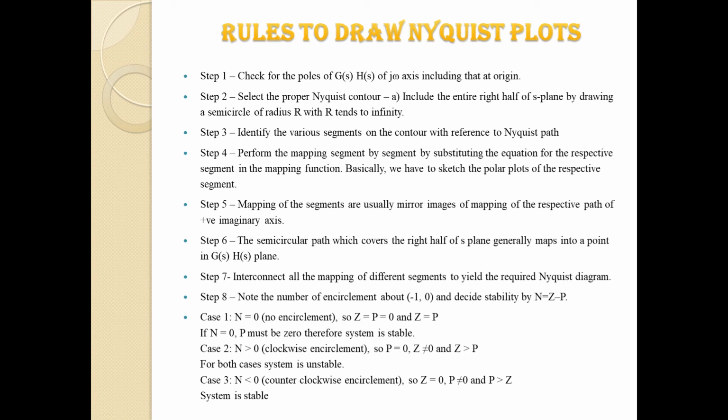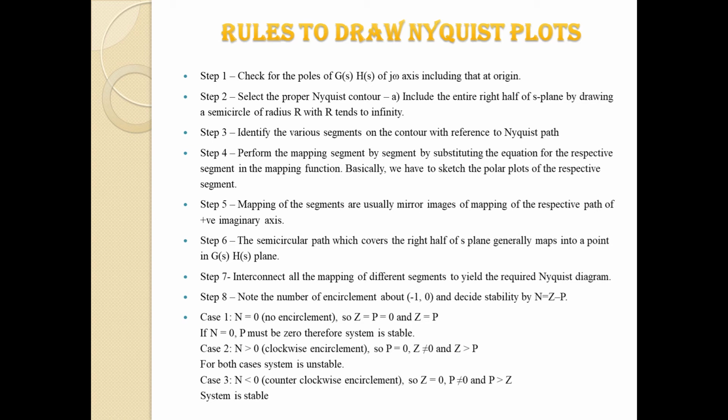That means if the system has a pole at the origin, then we need to select one type of contour, and if the system does not have any pole at the origin, then we will select another type of Nyquist contour. But in all cases, the Nyquist contour will include the entire right half of the S-plane by drawing a semicircle of radius r, where r will tend to infinity.